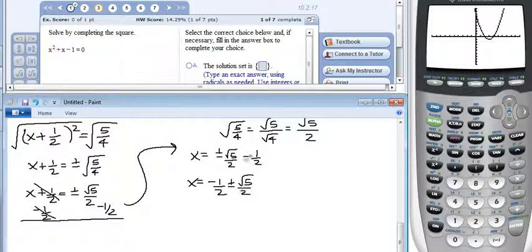Not that that's terribly important, but we usually want to put the numbers in front of the radicals. And since we have a common denominator, we can go ahead and add those for a negative 1 plus or minus radical 5/2. These have a common denominator, so I'm just going to add my tops. So my two answers would then be negative 1 plus radical 5/2, comma, negative 1 minus radical 5/2.